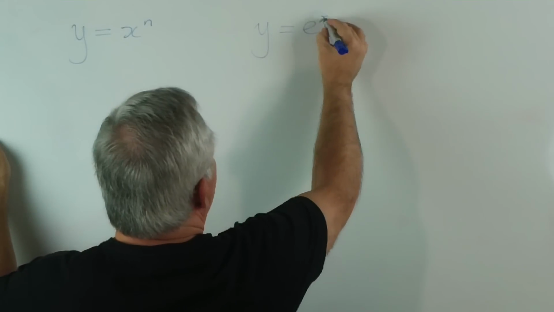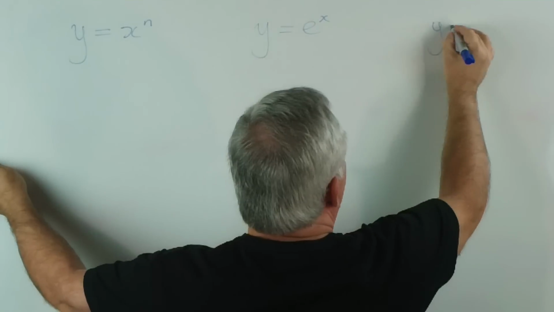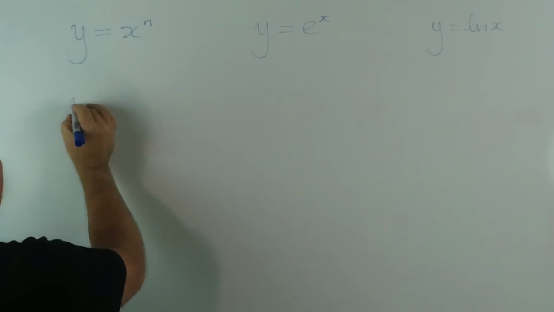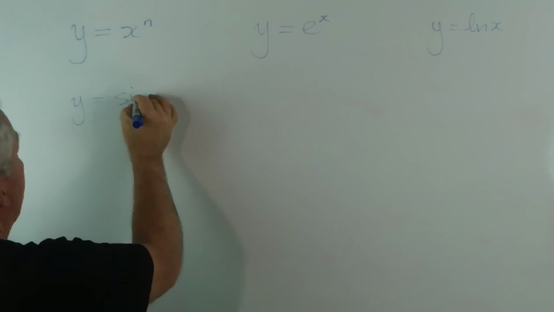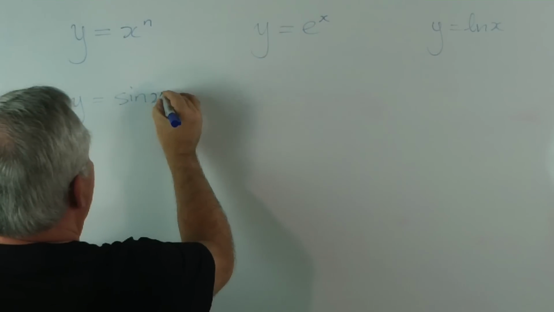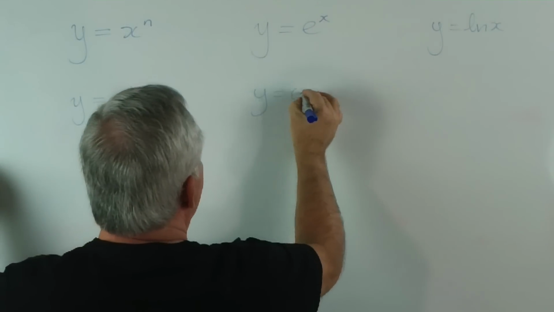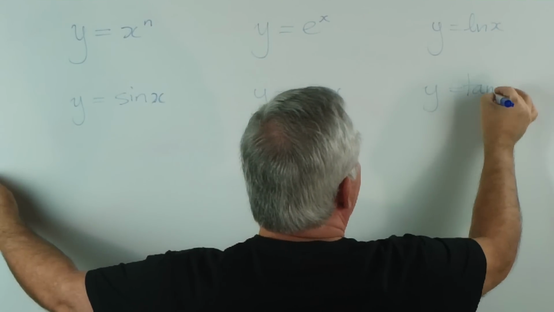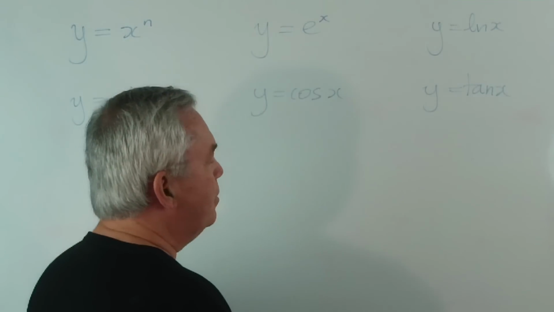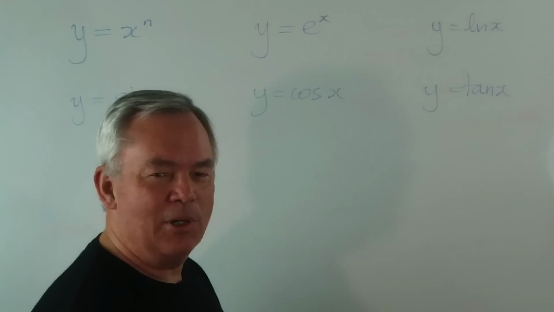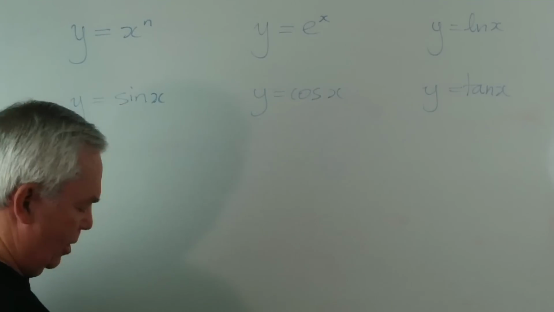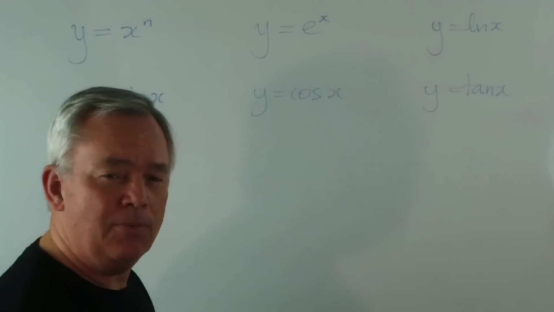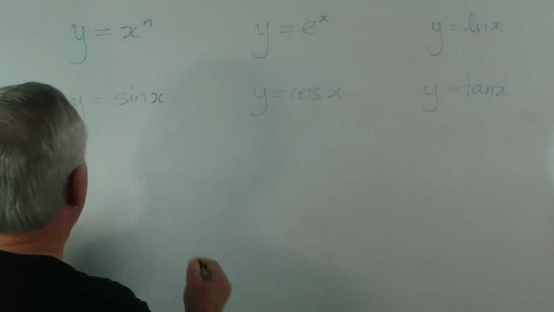They must be able to find the derivative of an exponential, the derivative of a logarithmic function, the derivative of a sine function, a cosine function, and a tangent function. If you can write a summary of all these 6 functions and their derivatives, then you've already established the foundation for using the product rule.